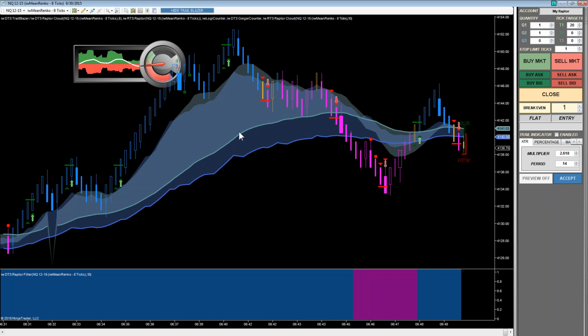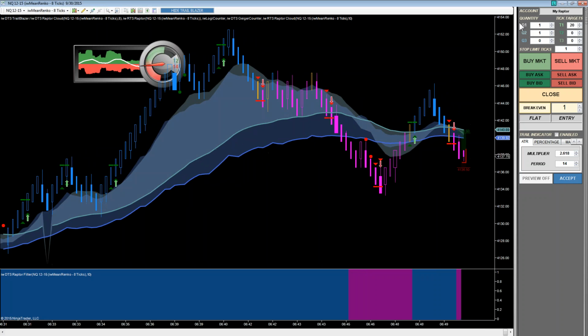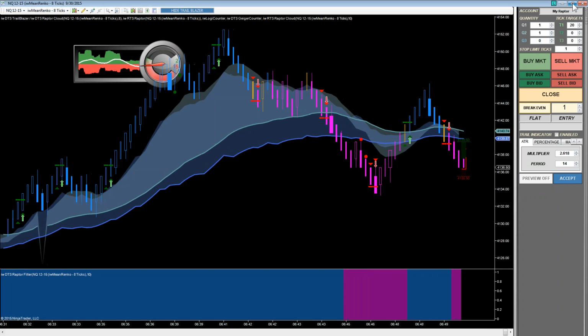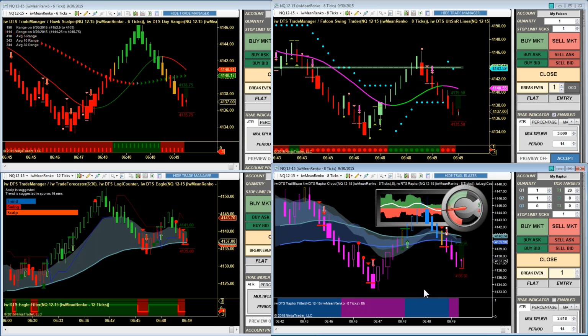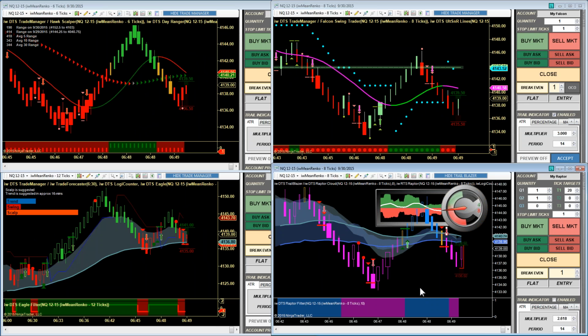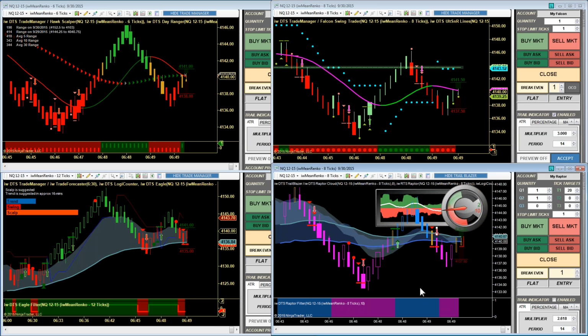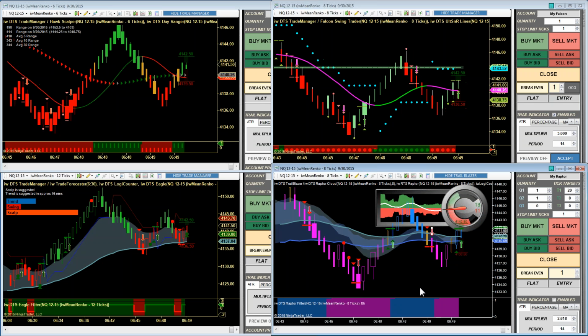Yes, this double cloud is, thanks to our Raptor forum, one of those insights that fellow Raptor owners have discovered, that it seems to work pretty well, maybe a little better than the single cloud. So we've kind of adopted that.